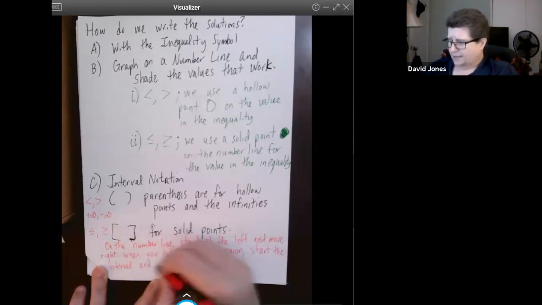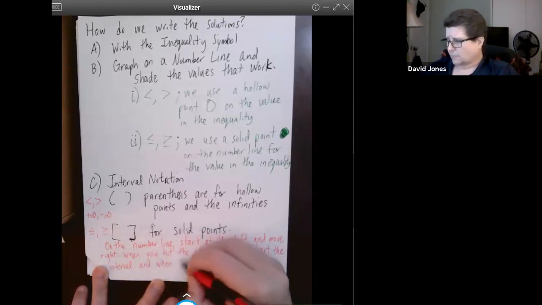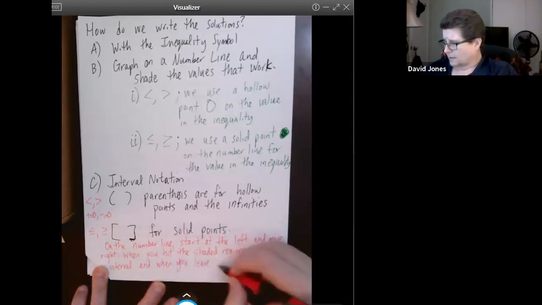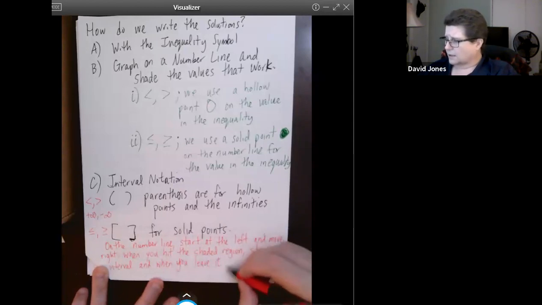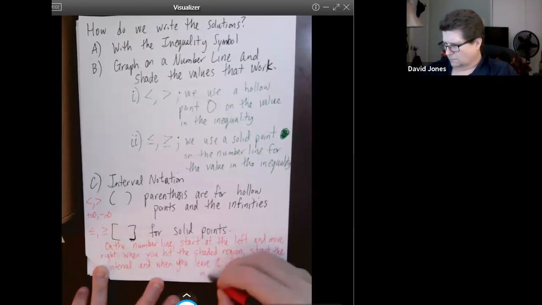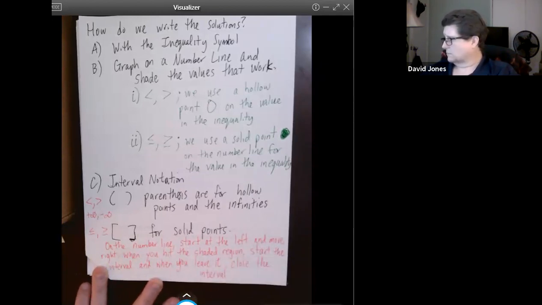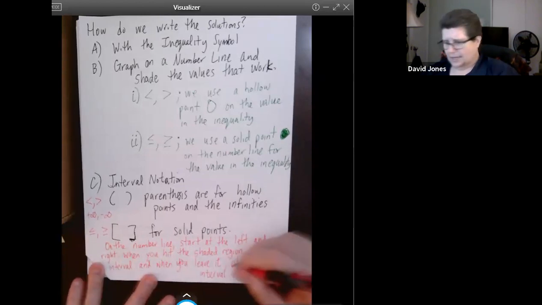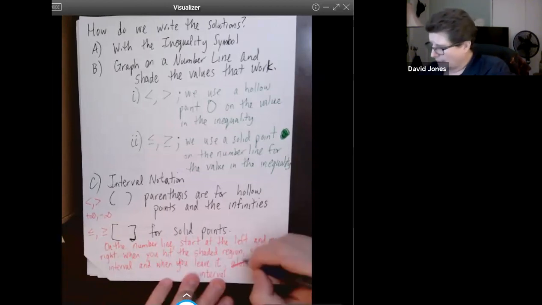And when you leave it, close the interval. Close or end. Go with end. End the interval.